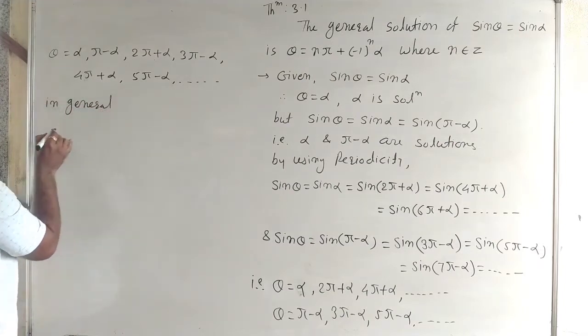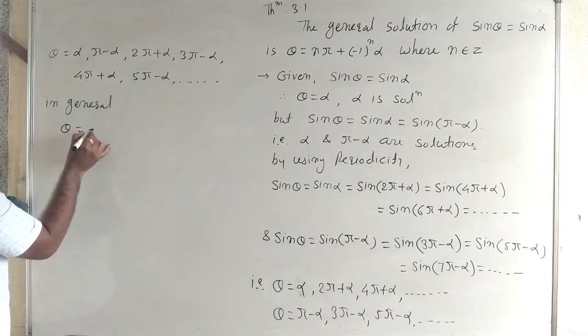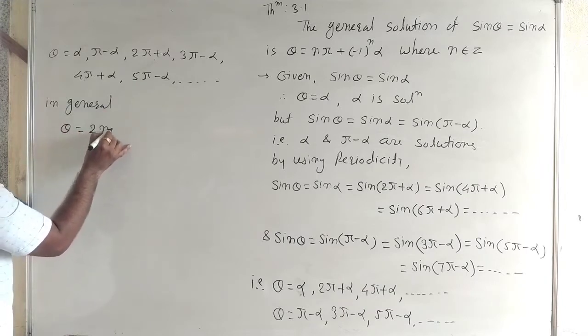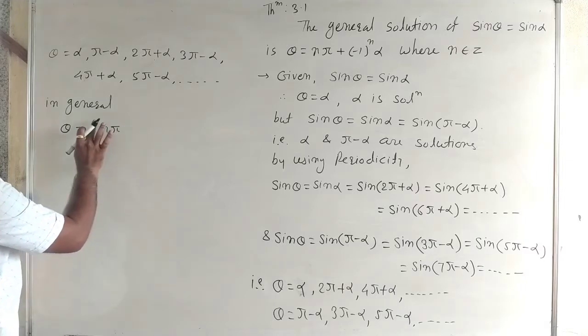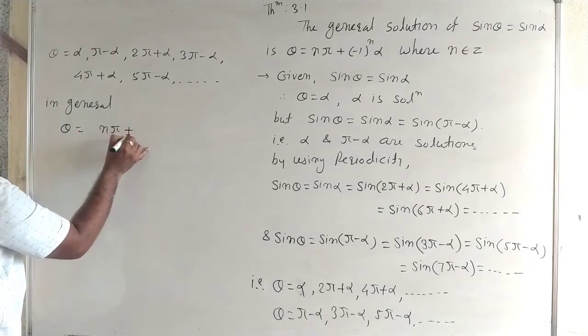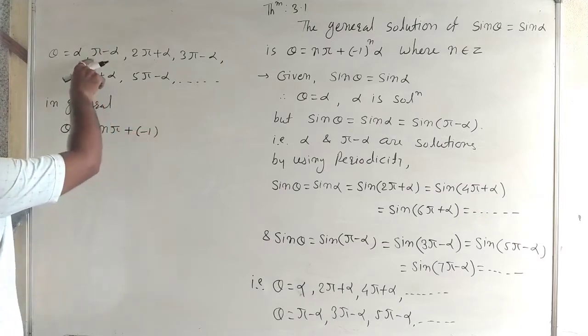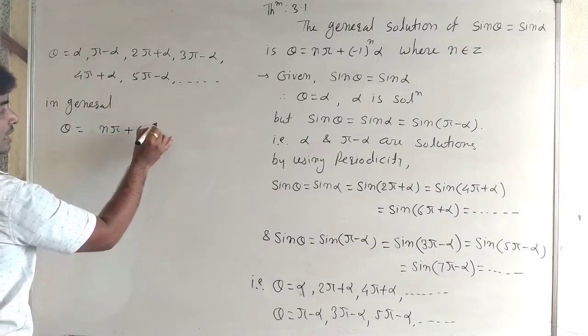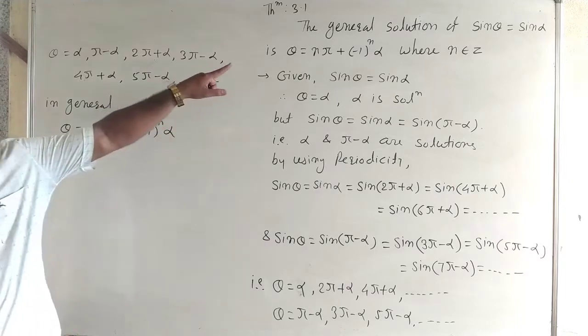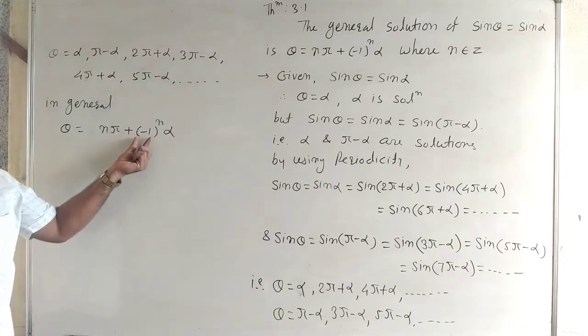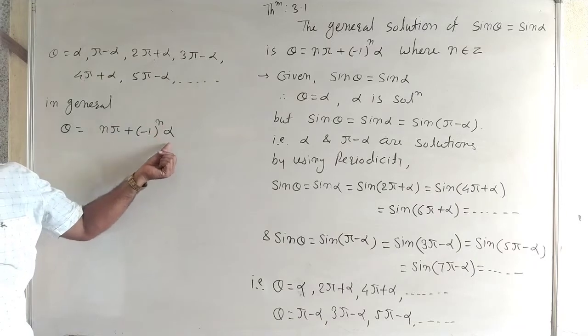That is in general. In general we can write theta is equal to n pi plus minus 1 to the power n into alpha. See carefully. Theta is equal to n pi plus minus 1 to the power n into alpha.